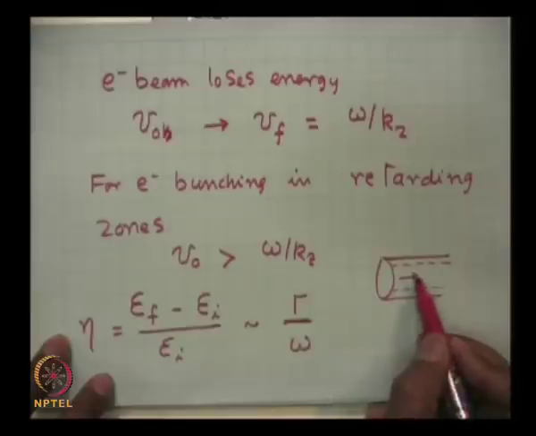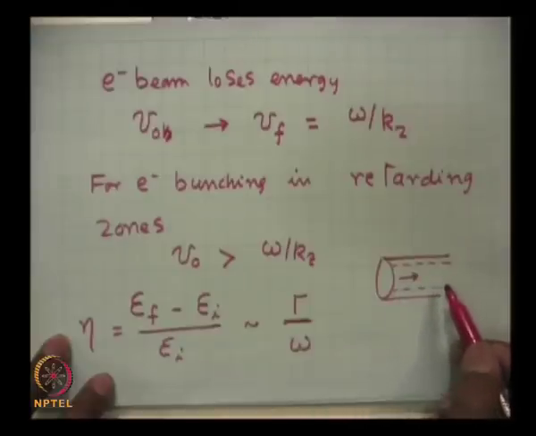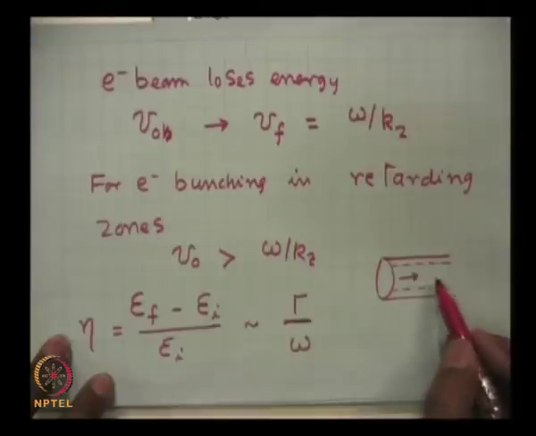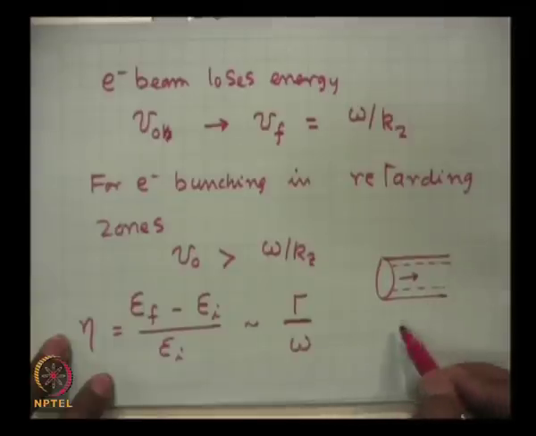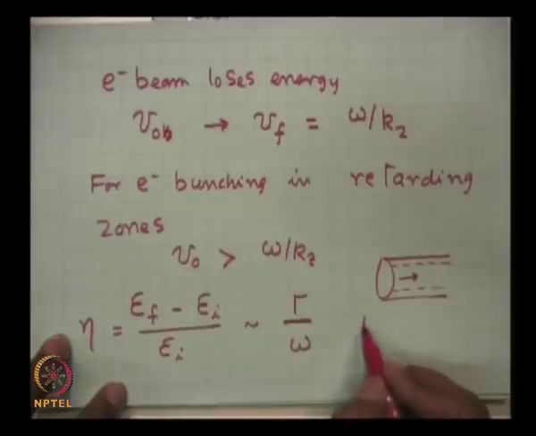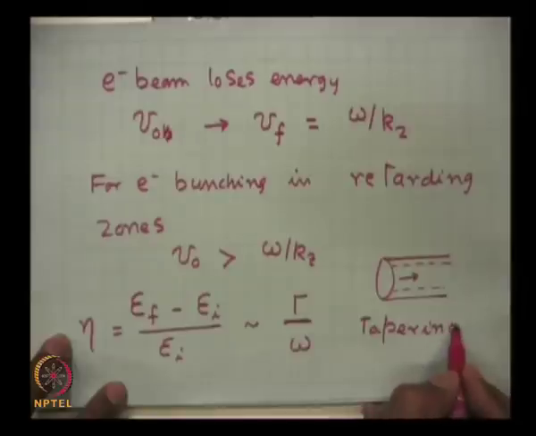As the beam slows down, if you slow down the wave also, so that the beam velocity is always bigger than the electromagnetic wave velocity, then the beam will continue to transfer its energy to the wave and the wave will be amplified. So by tapering you can increase the efficiency of the device. Tapering is a very important scheme of increasing the efficiency of the device.